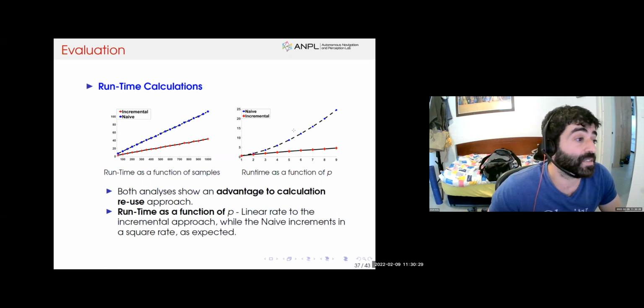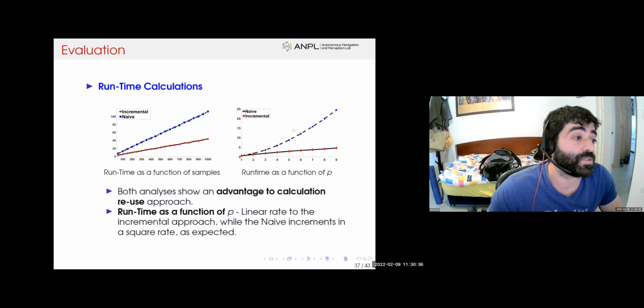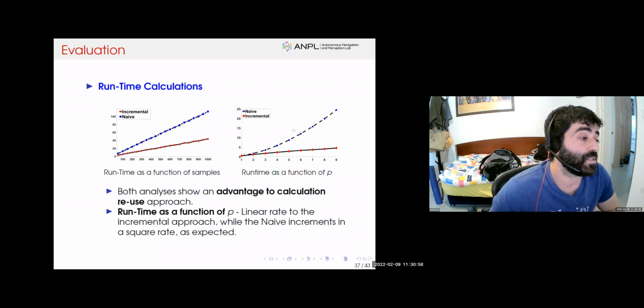We can see that, as expected from our calculations and as we've seen in the previous slides, with the naive approach, as the distance from our current location increases, the runtime grows at a quadratic rate, whereas with the incremental approach, the further we go from the current time to our strategic point, the growth is at a linear rate, as expected again.